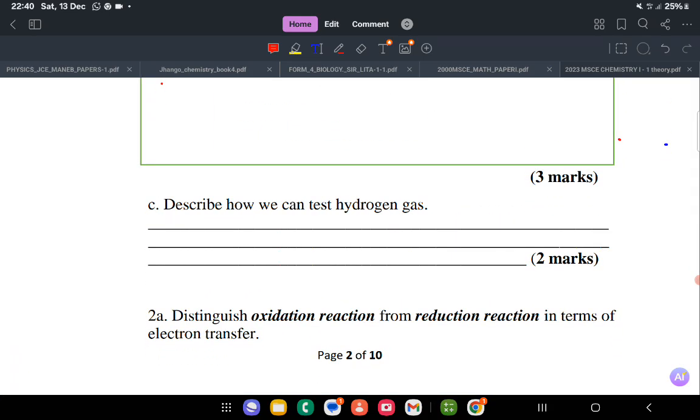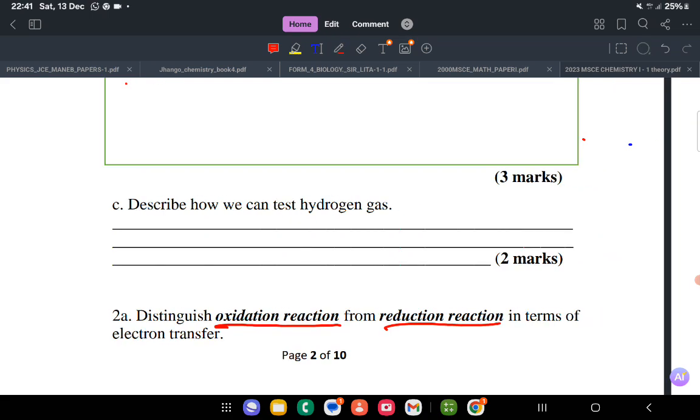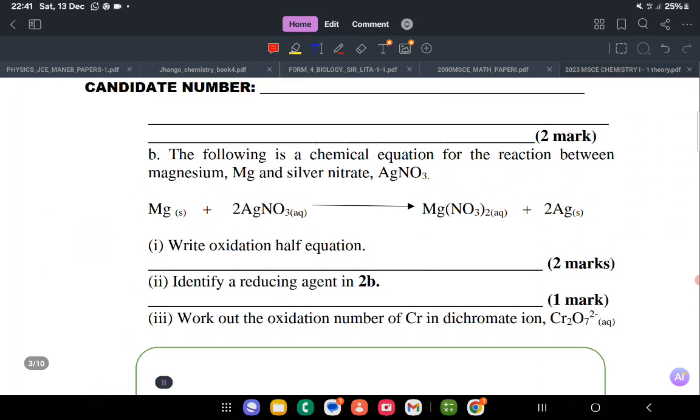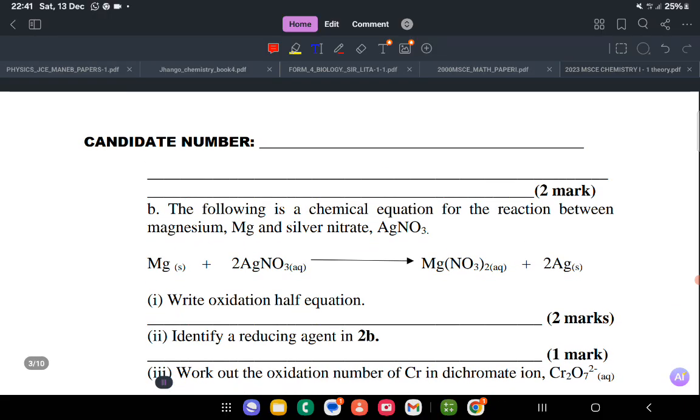Number 2A, we are asked to distinguish between an oxidation reaction and a reduction reaction. This is a redox reaction in terms of electron transfer.